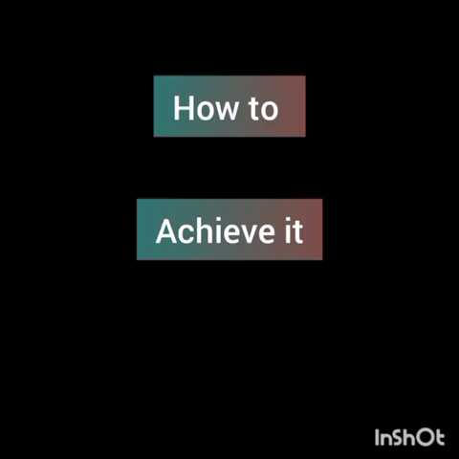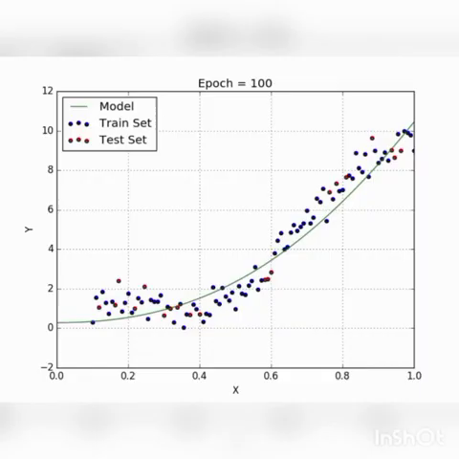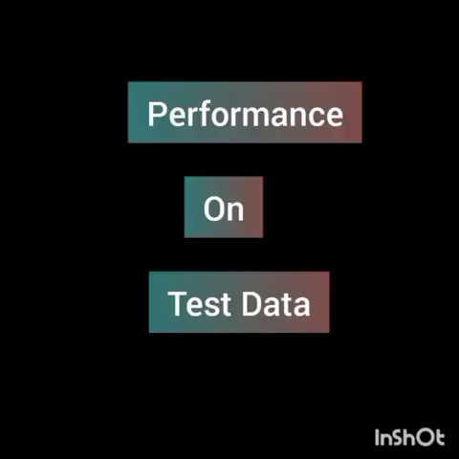How to do it? First try to fit a curve through all points. Also, you must reserve some portion of the training set as a validation set and try to tune the hyperparameter by evaluating the performance on test data.